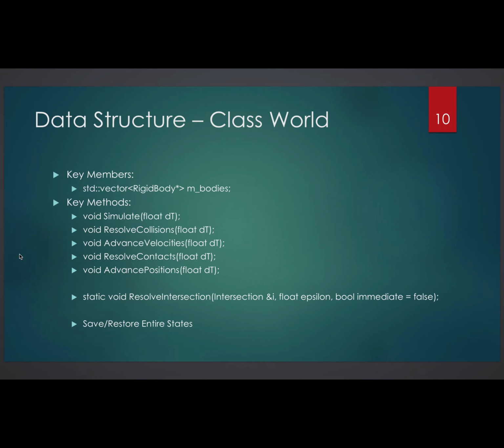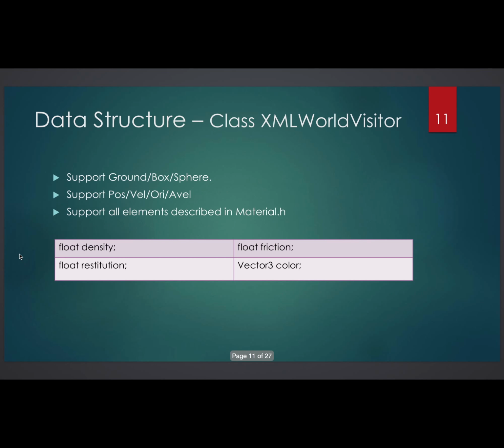In the world class, m_bodies is a vector that stores all the rigid bodies in the world, and the key methods are part of our main workflow, which I will talk about later. The XMLWorldVisitor is the class that helps you load your world file.